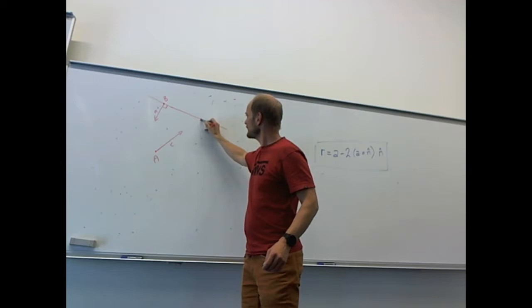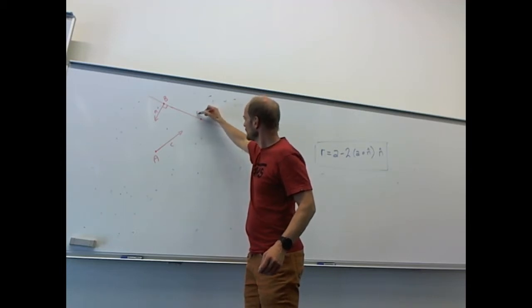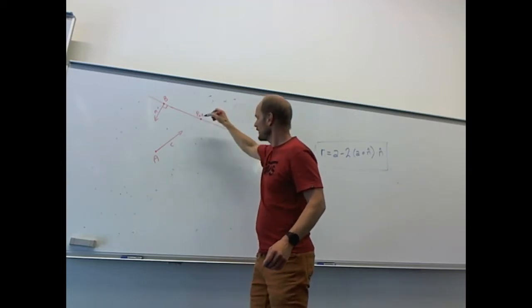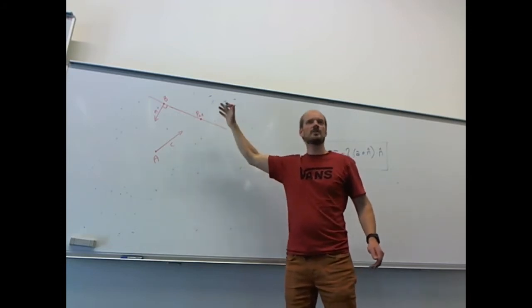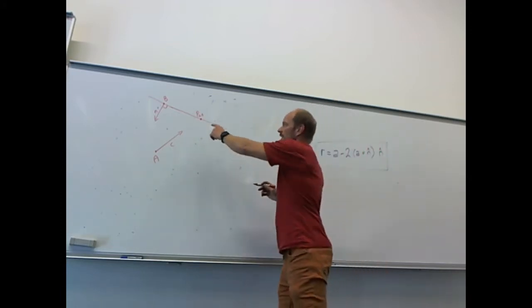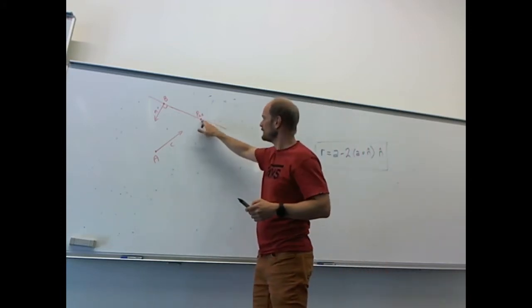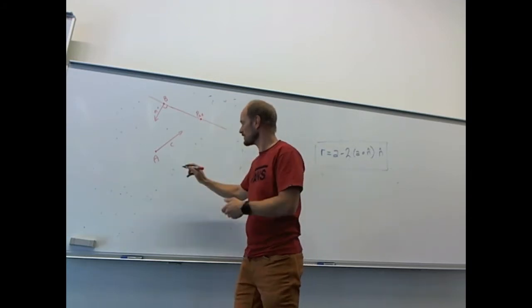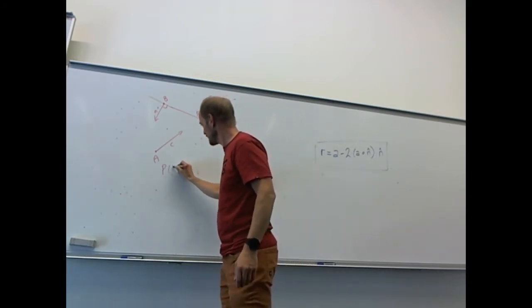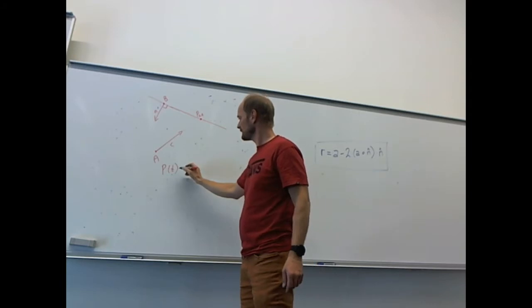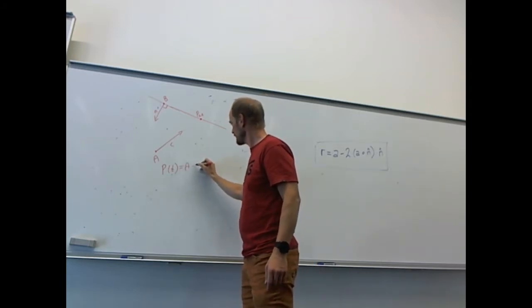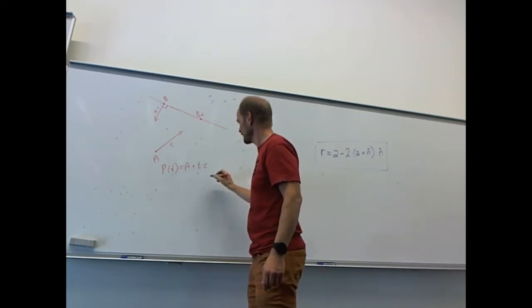So the point that I'm looking for, let's call it P hit, the point where this ray hits this line, should be a result from the function for the ray, that is P of t equals A plus t times c.